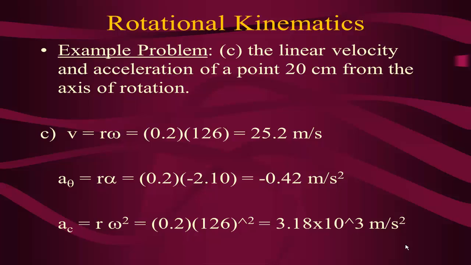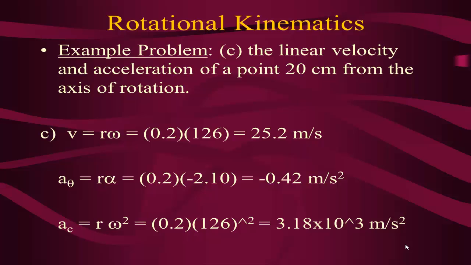That's the tangential velocity at that radius. a theta is the acceleration that is tangential. Remember, this disk is slowing down. Therefore, its speed is changing. It has a tangential acceleration of negative 0.42 meters per second squared. By multiplying by these radii, I'm introducing the unit of meters.